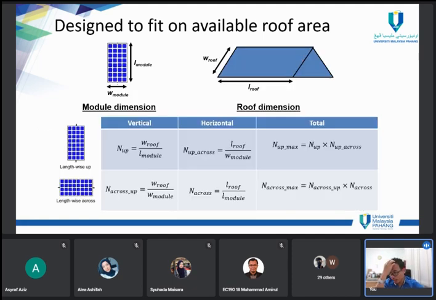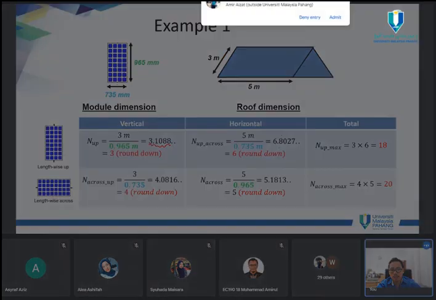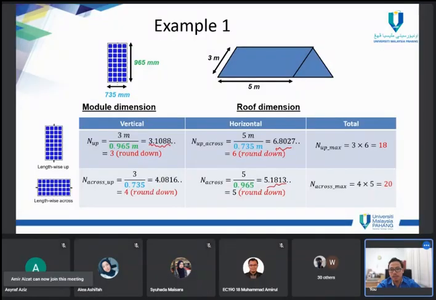Okay, so this is the equation that we use, very super simple, straightforward equation. No Maxwell, no Thevenin, no Lorentz. So in order to get the maximum number, just to make sure that all the values calculated here must be rounded down.